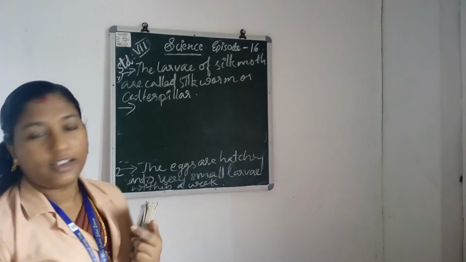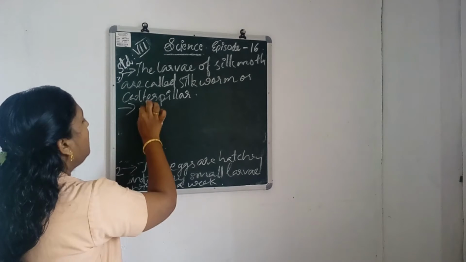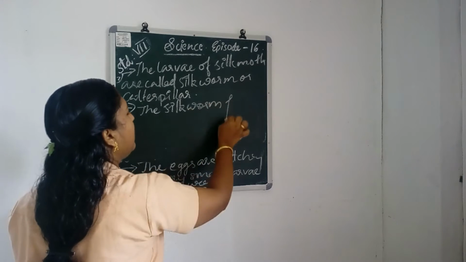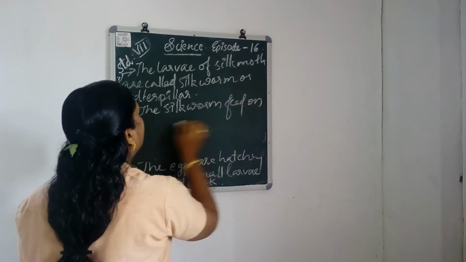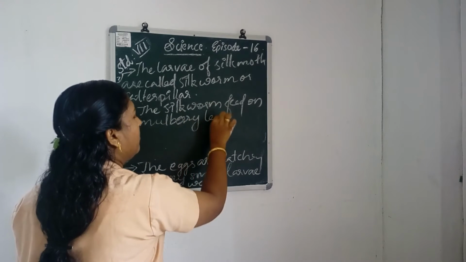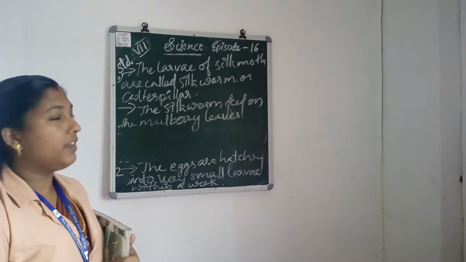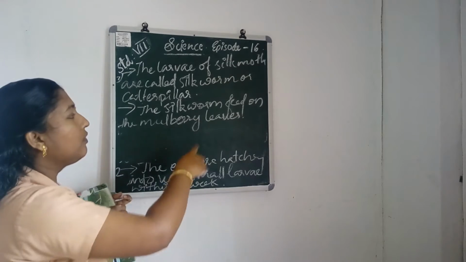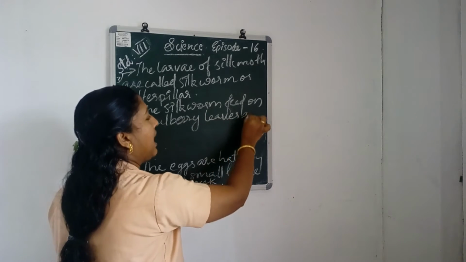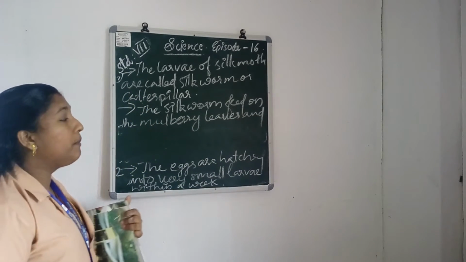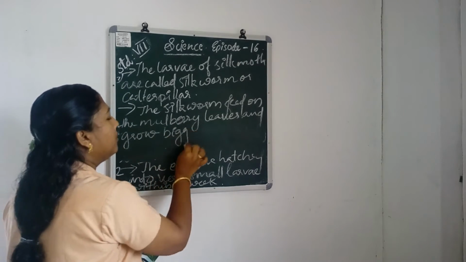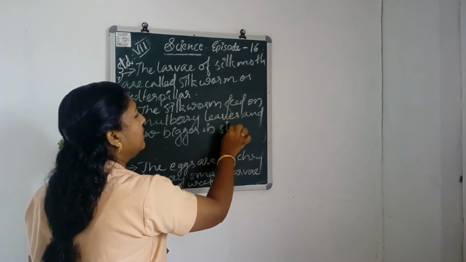Then what does the silkworm do? The silkworm feeds on the mulberry leaves and grows bigger in size.